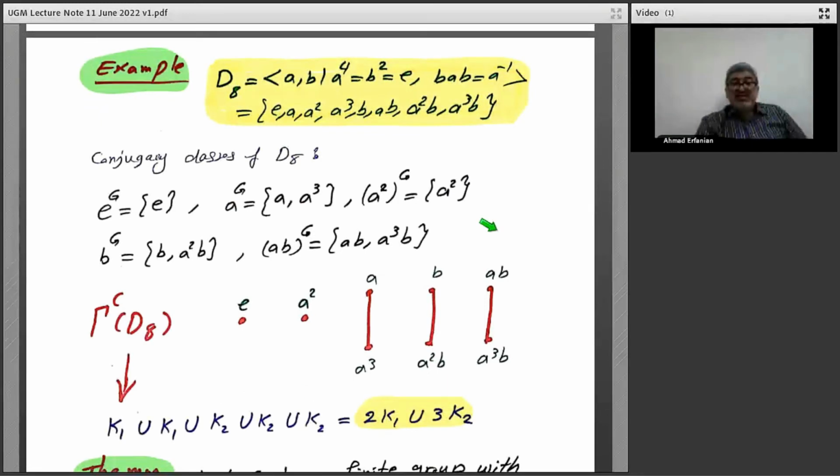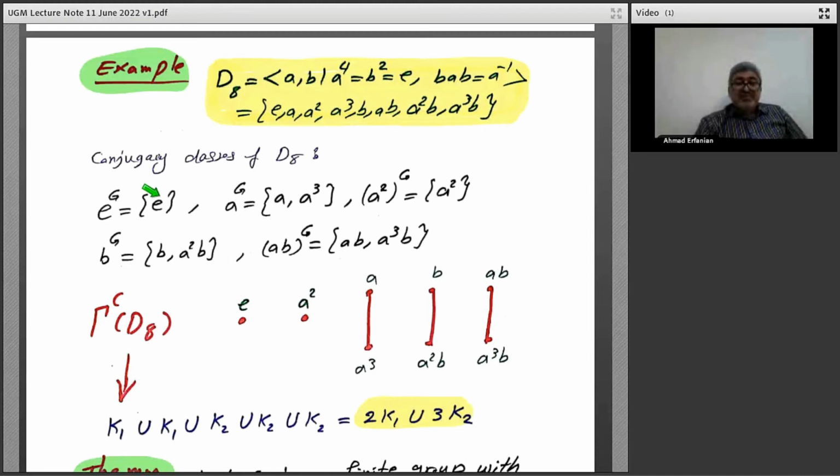Here we have one isolated vertex. We have 3 elements in the conjugacy class of 1, 2. So we have the complement. We have complete graph K3 here, and we have a conjugacy class of size 2. Now we have here K2.